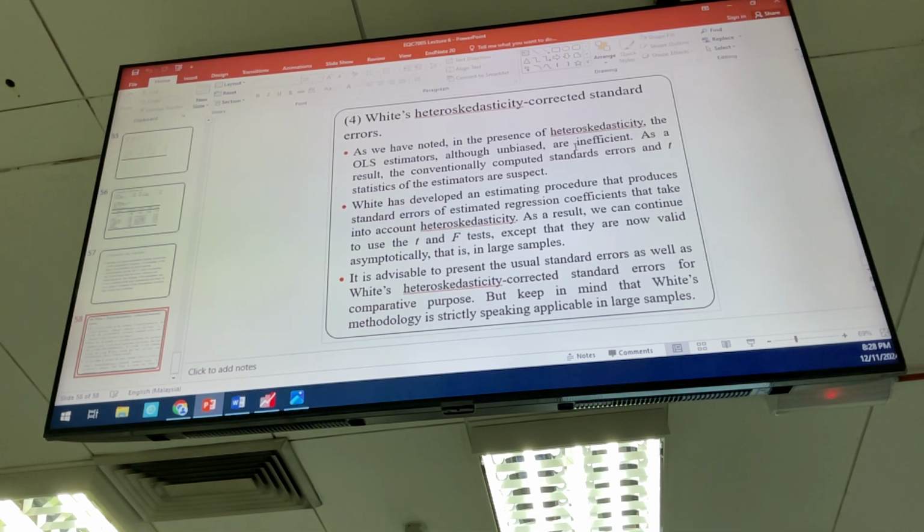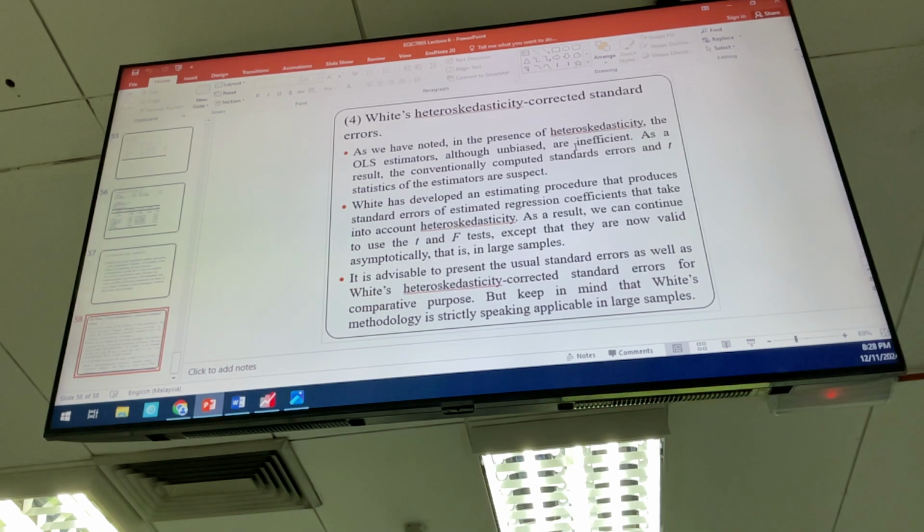White has developed an estimating procedure that produces standard errors of the estimated regression coefficients that take into account heteroscedasticity. As a result, we can continue to use the t and F tests for hypothesis testing, except that they are now valid asymptotically, that is, in large samples.